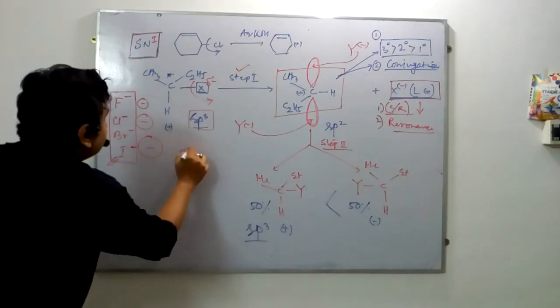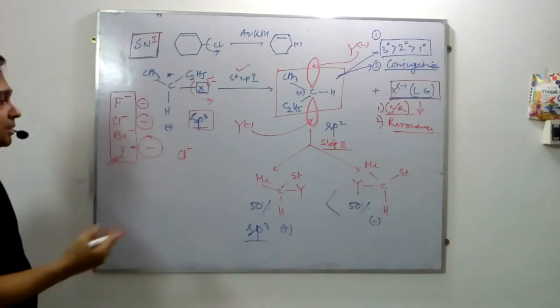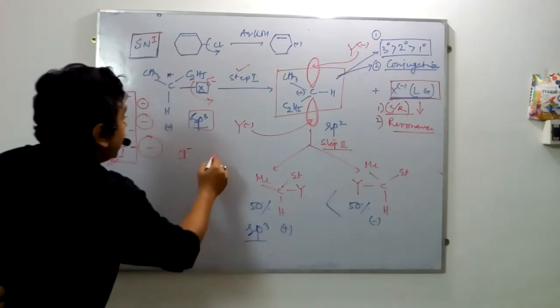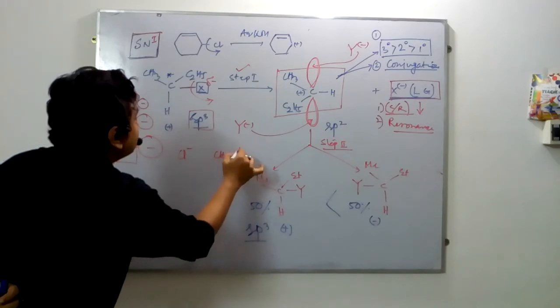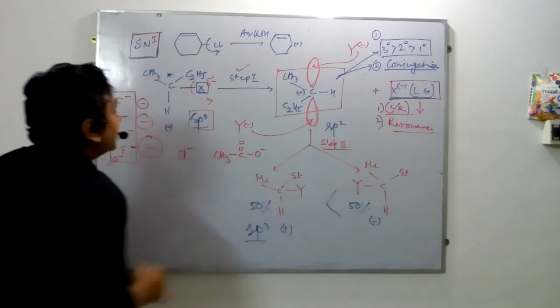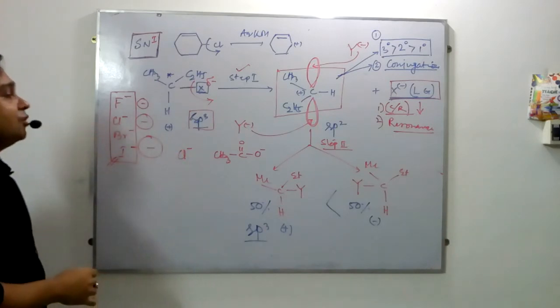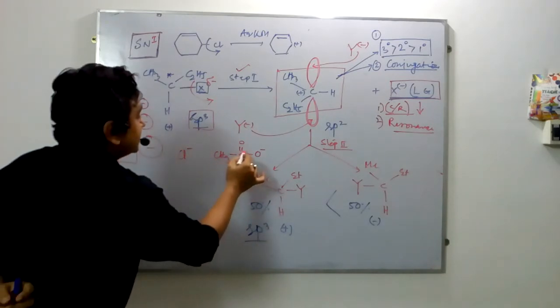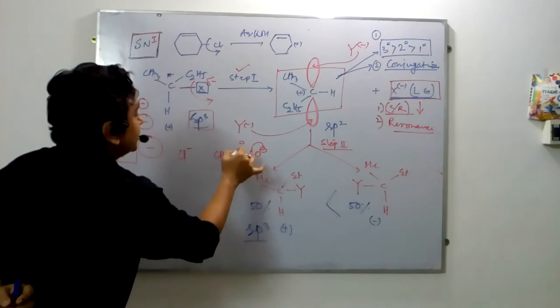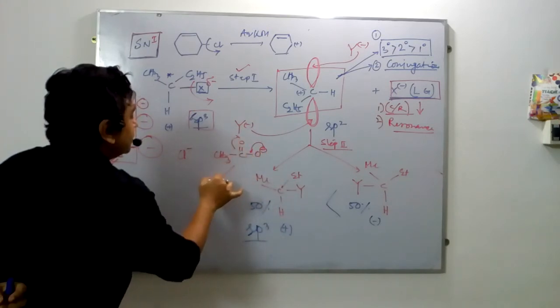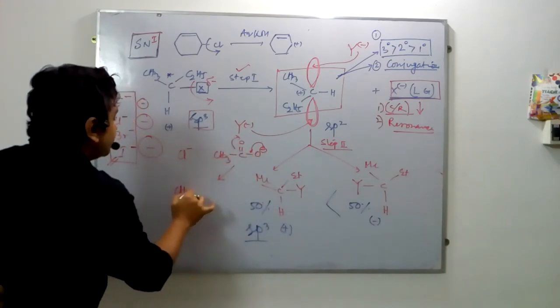Let us take an example that this is a leaving group. Suppose in a reaction this is a leaving group and another leaving group is acetate, CH3COO minus. Come to the point. Now Cl minus cannot go for resonance, but the CH3COO minus, that is the acetate, will go for resonance structure. We all know the resonance structure also.